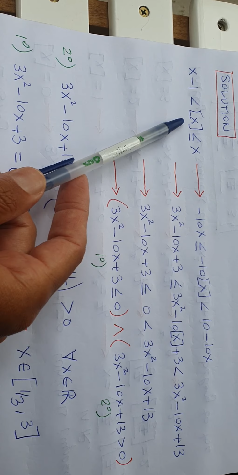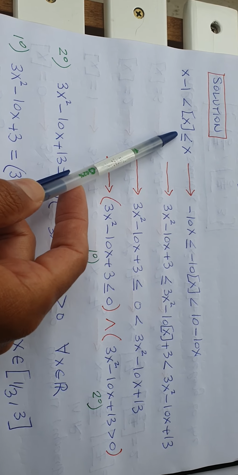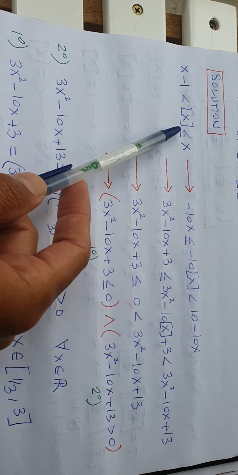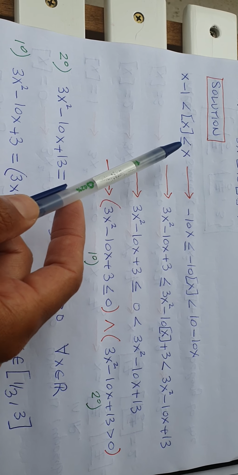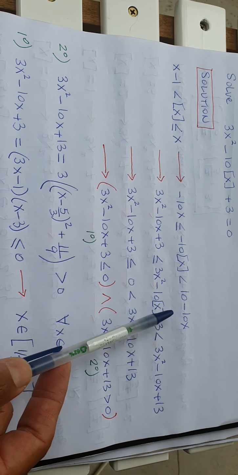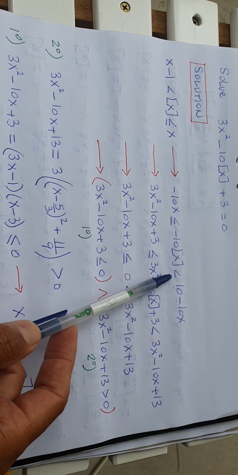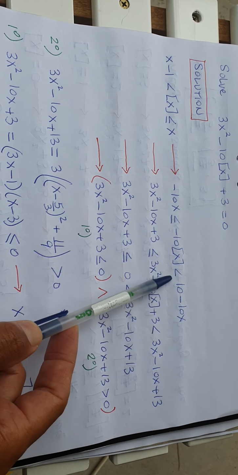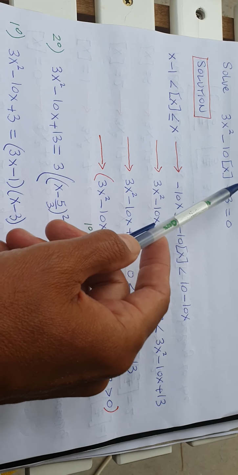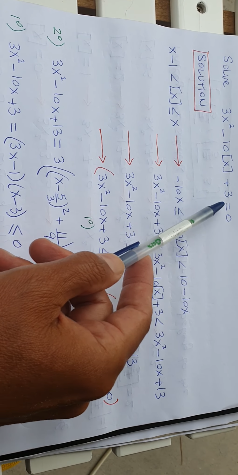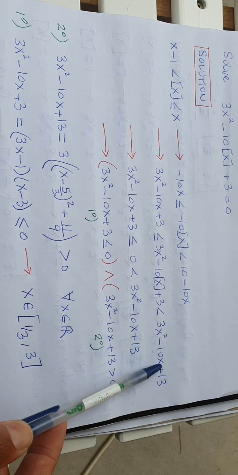Since the integer part of x lies in this interval according to its definition, by multiplying the double inequality by minus 10, I get this. And by adding 3x squared plus 3 to the double inequality, so I want to get this expression, we get the following double inequality.